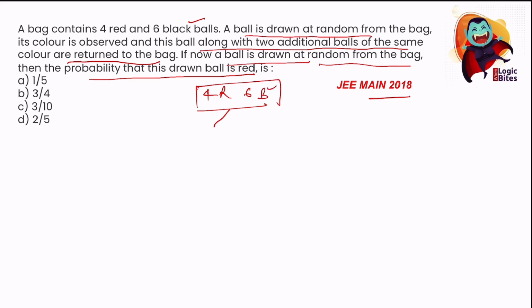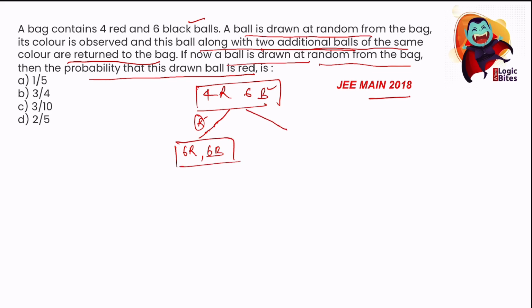There are 2 cases. Let's say when the ball is drawn, it is a red ball. Then this ball plus 2 more red balls, 2 additional balls, will be sent back to the bag. So the total number of red balls will now be 6 red balls and 6 black balls.